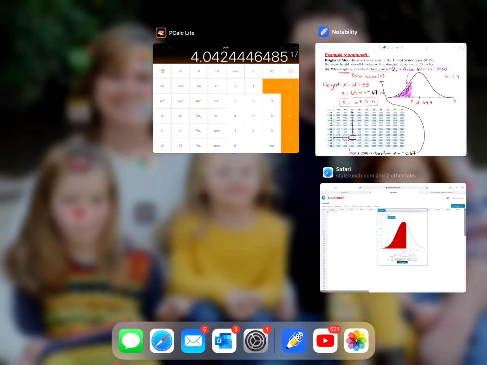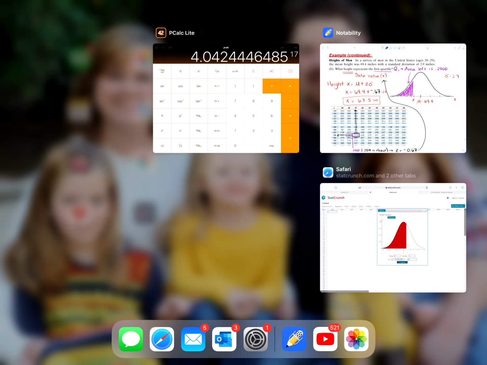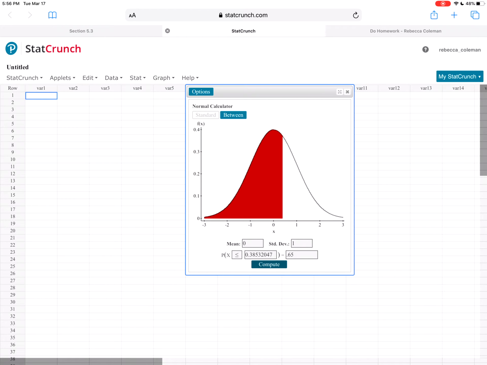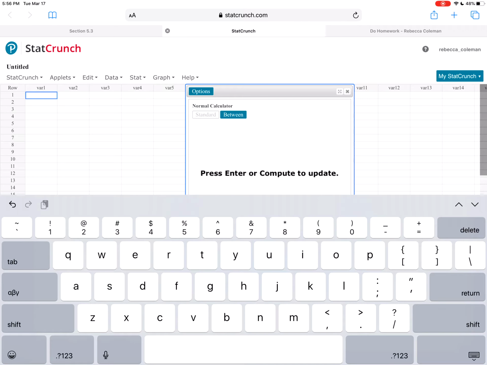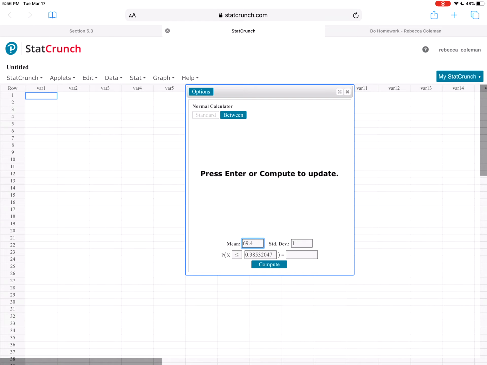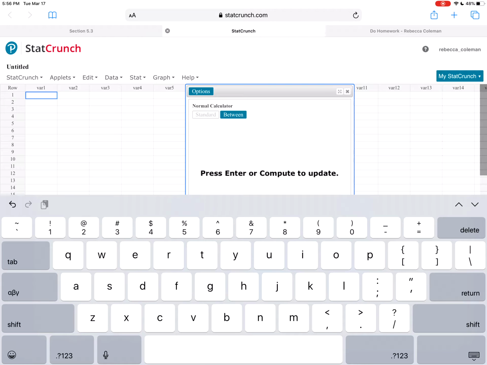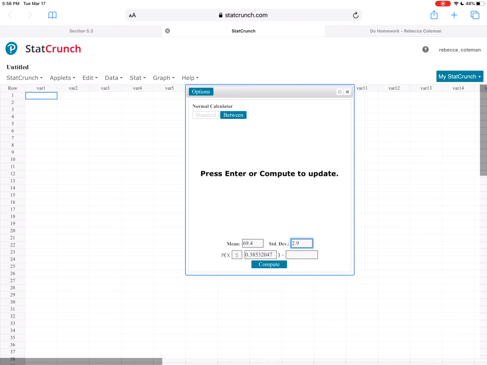And if you're wondering about StatCrunch, yes, you can use it here as well. You just have to make sure in these cases that you convert the curve using the proper mean and standard deviation. So in this case, I would put in my mean of 69.4, my standard deviation of 2.9, and then I just want to make sure that I'm putting in the proper area. So for percentiles and quartiles, it's always an area left.